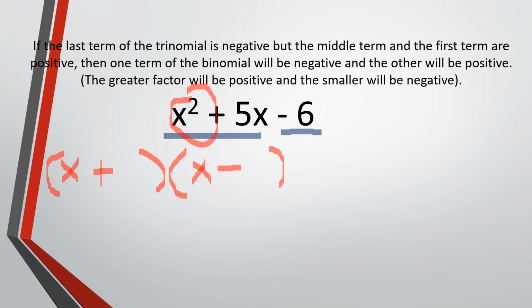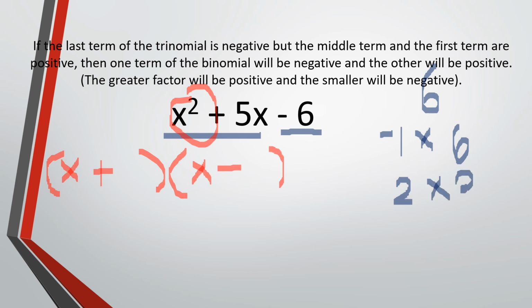After that, focus on the last term. We have negative 6. Now the factors of 6: we have 1 and 6. Again, the smaller number should be negative. Next, we have 2 and 3.